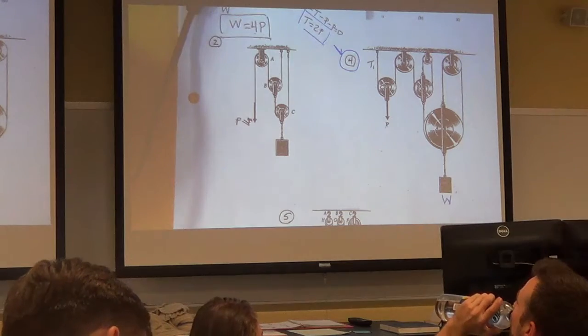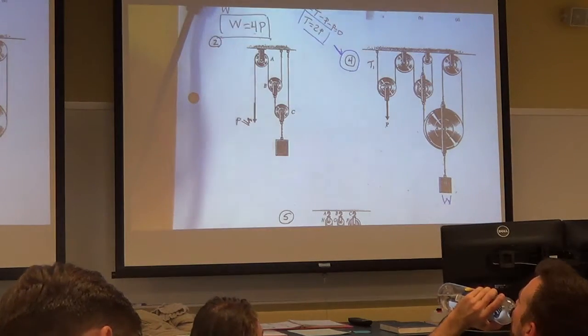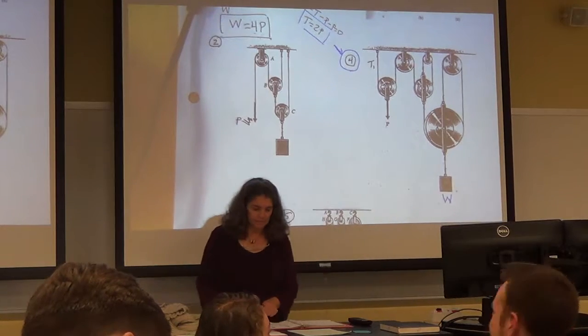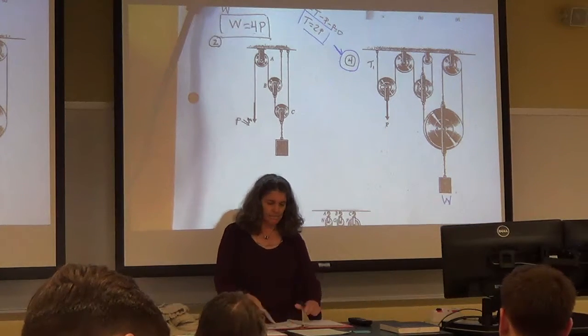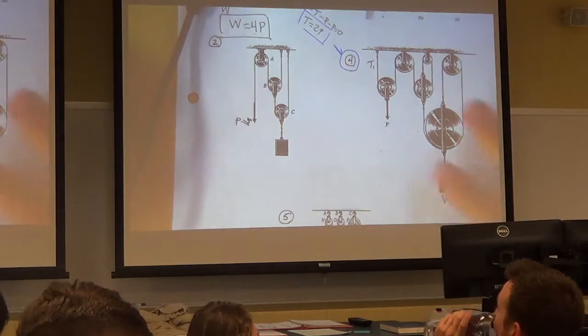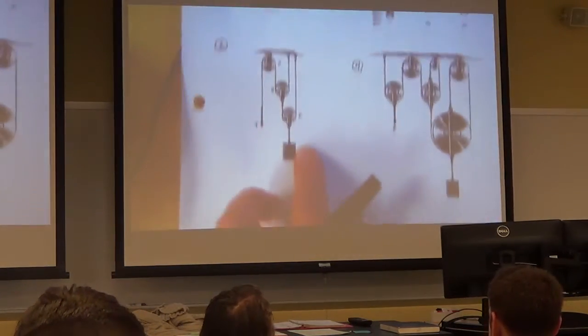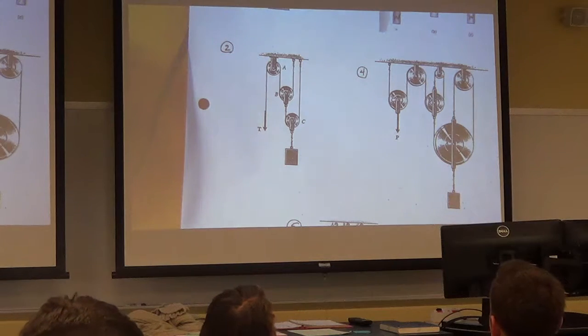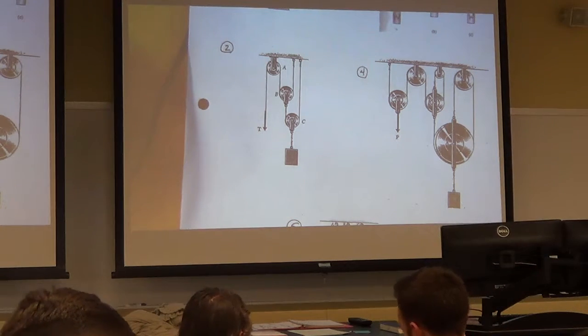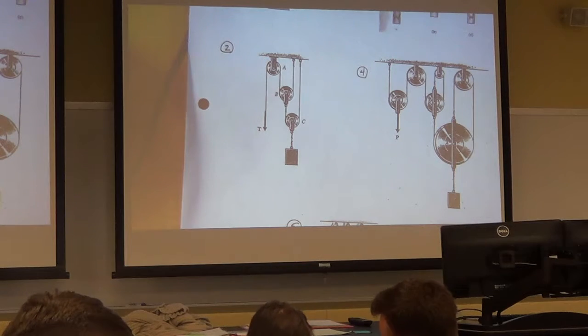All these forces, but it makes sense now. What did we do here? Yeah, exactly. This always equals 0.